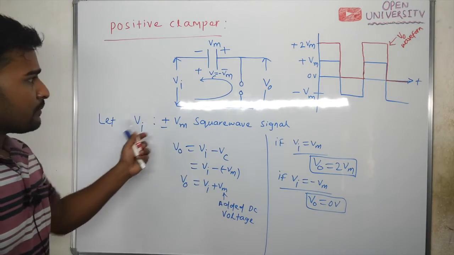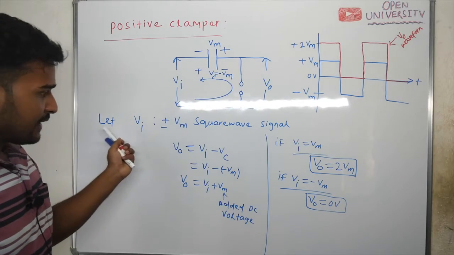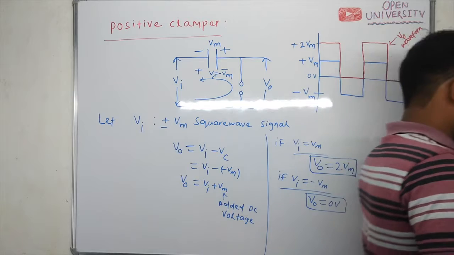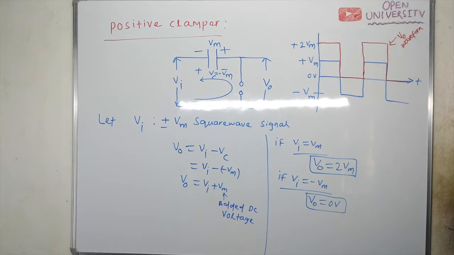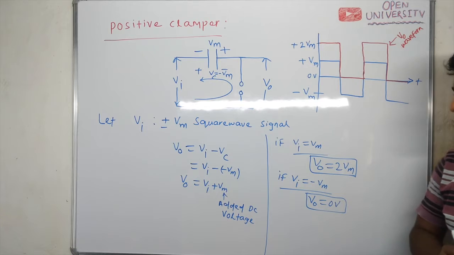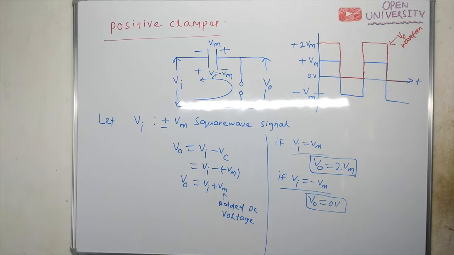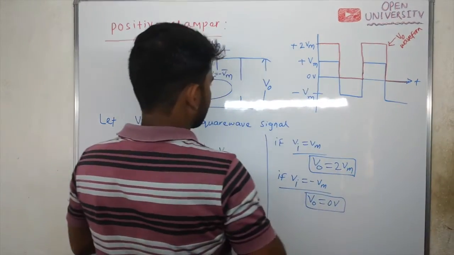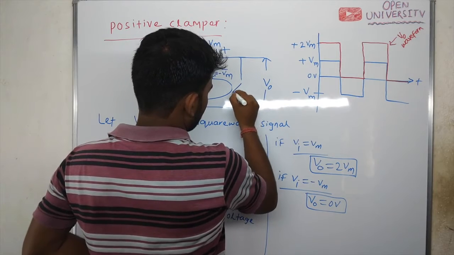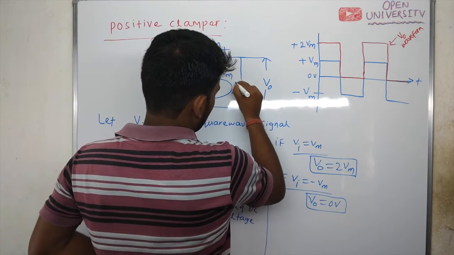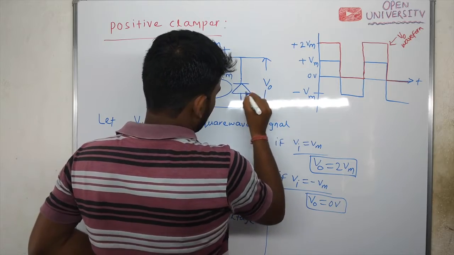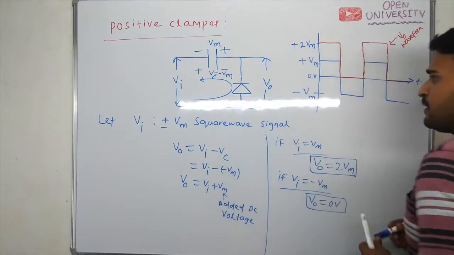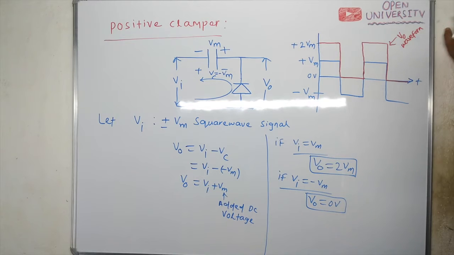Okay, so write down a few points. First draw this diagram, and write down: let Vi be a plus minus Vm square wave signal.